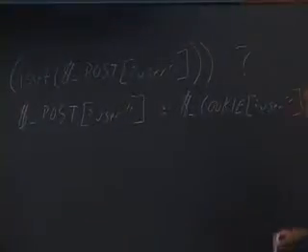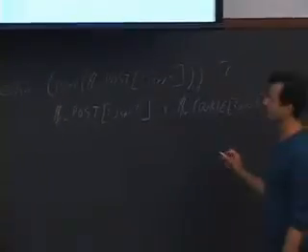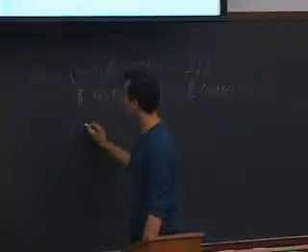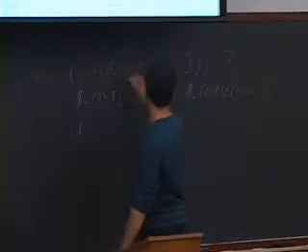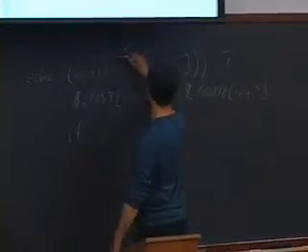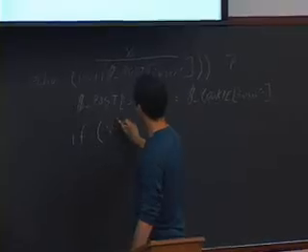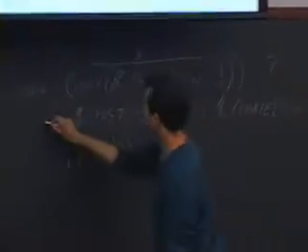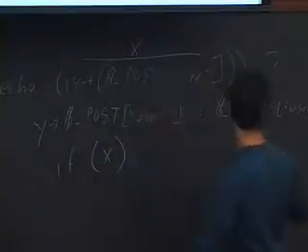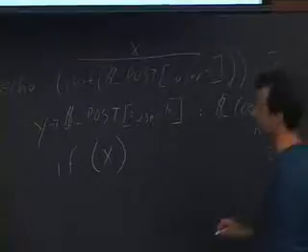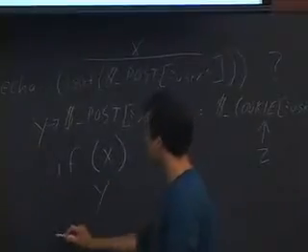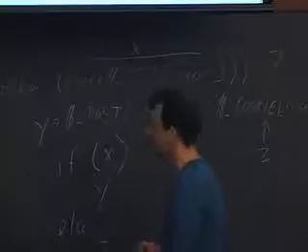It takes three operands: left, middle, and right. What this is equivalent to, and I really don't want to write the whole thing out now, is: we'll call that x. If x, then y, else z.